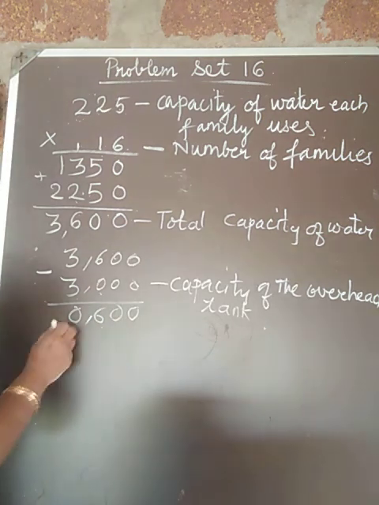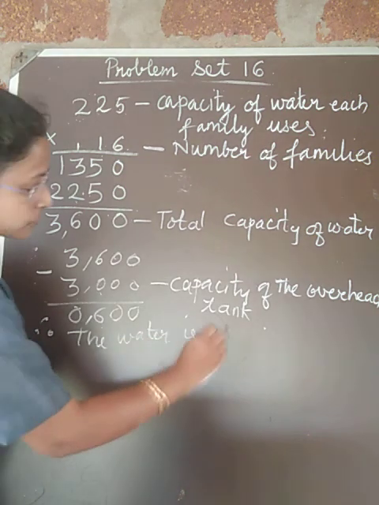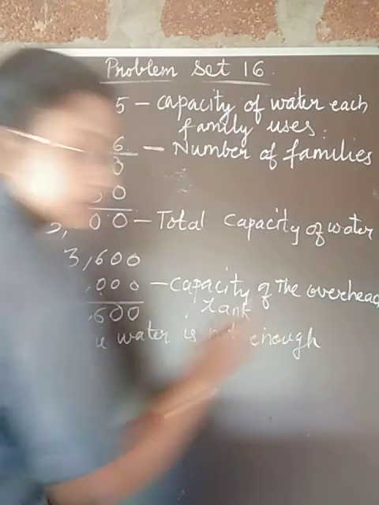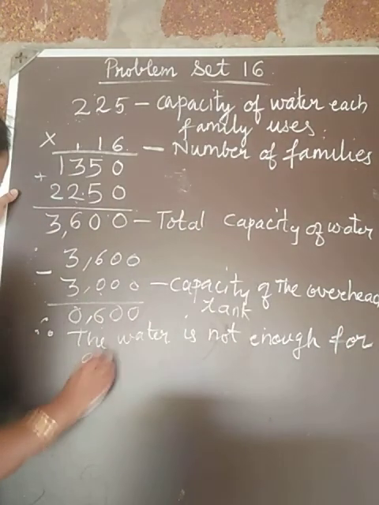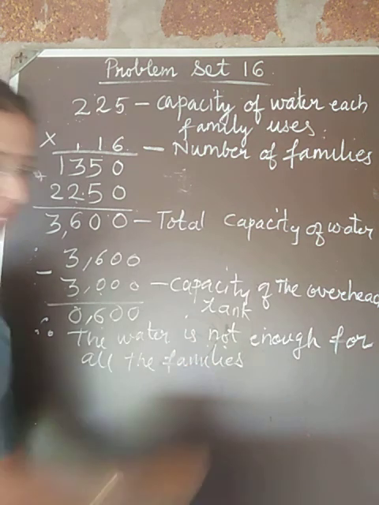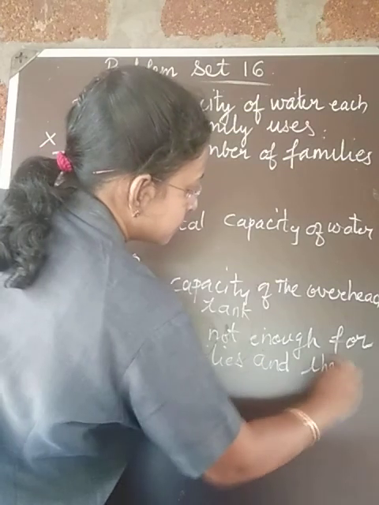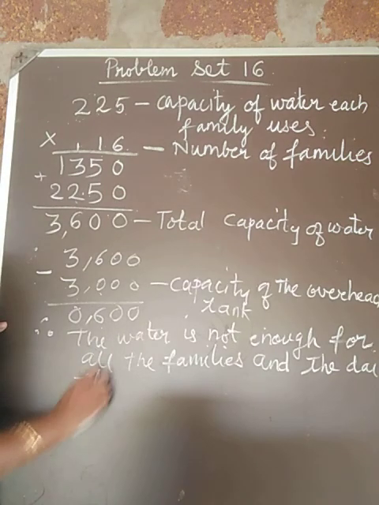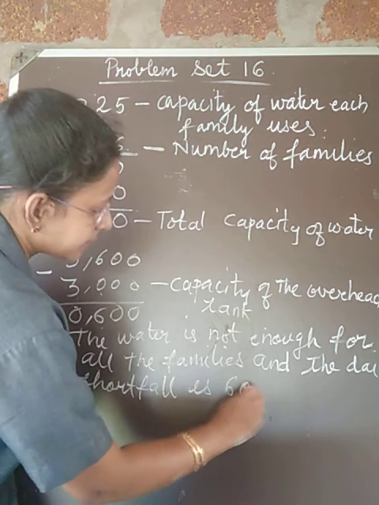So you will write here, therefore, the water is not enough for all the families, and the daily shortfall is 600 liters.